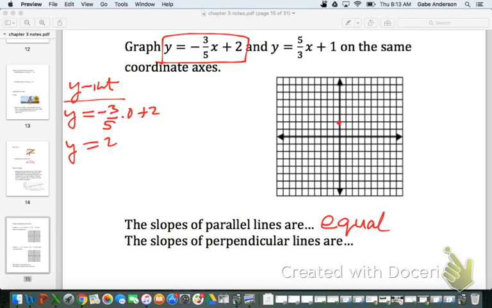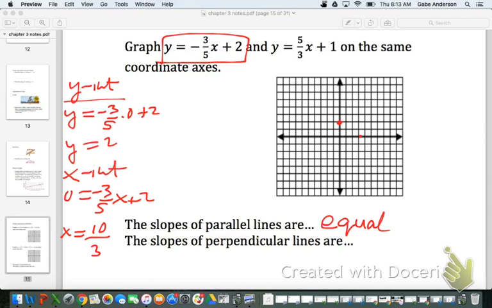My x-intercept is a little different: 0 equals negative 3/5 x plus 2. If I solve for x, I get x equals 10/3. Is that right? Yeah. 10/3 is a little bit more than 3.